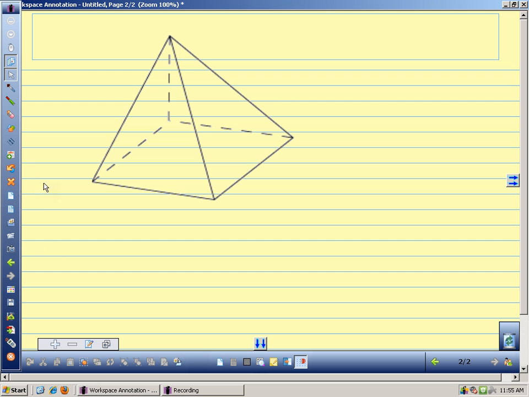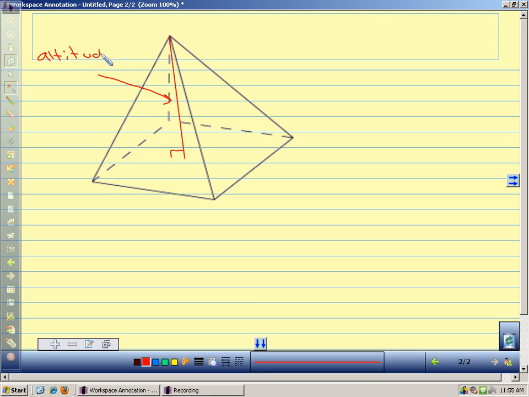The segment from the vertex that makes a 90-degree angle with the base is called the altitude. And that's how we find our height.